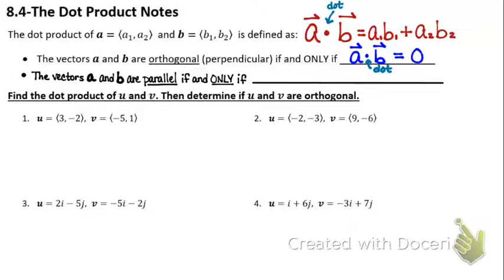Two vectors are parallel if and only if my vector A is equal to some scalar times my vector B. Let me give you an example of parallel vectors. What does that stand for? Just some scalar value.